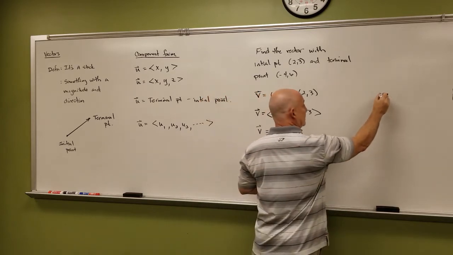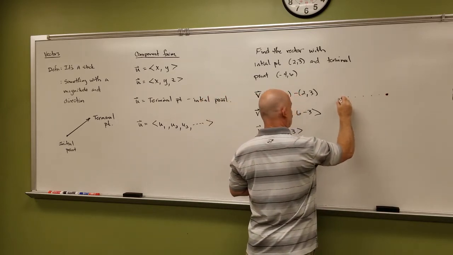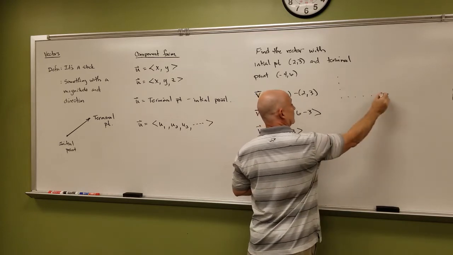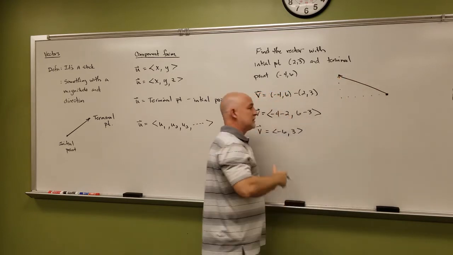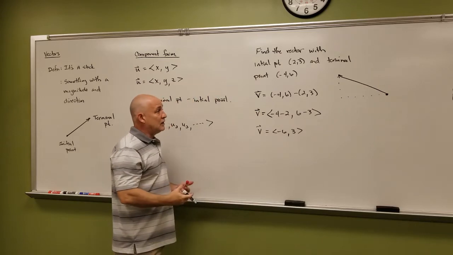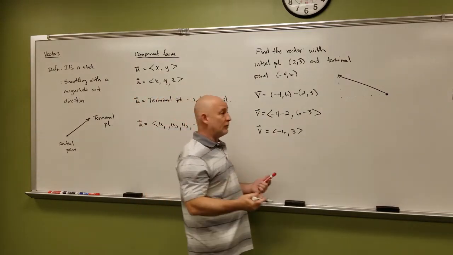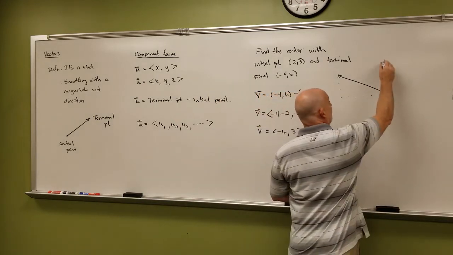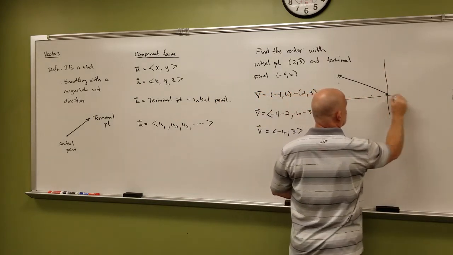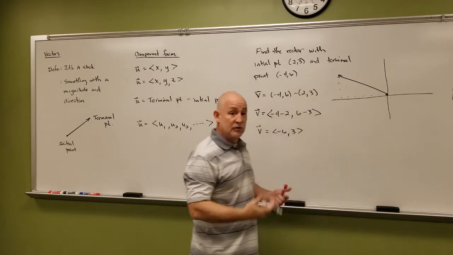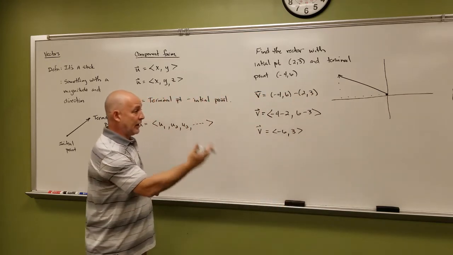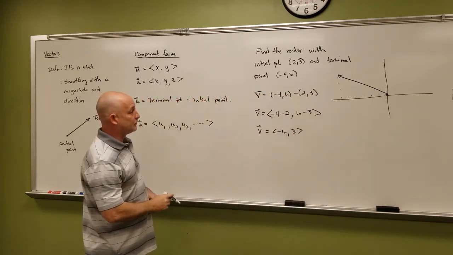That says move -6 in x, and up 3. So that would be that vector drawn just anywhere. Now, for convenience, a lot of times we do draw these things starting from the origin. So if we draw this starting from the origin, it's called drawing it in standard position, just like we would do with your angles back in trig.